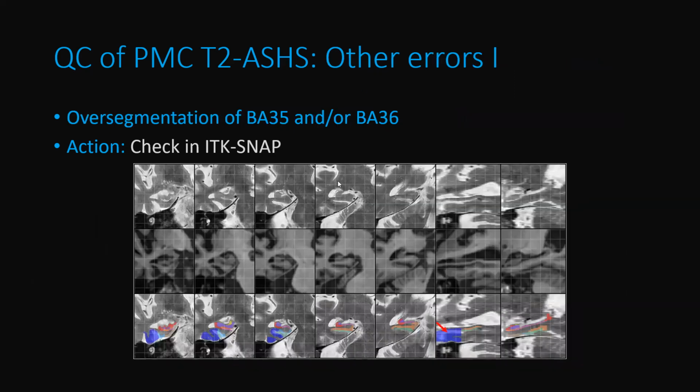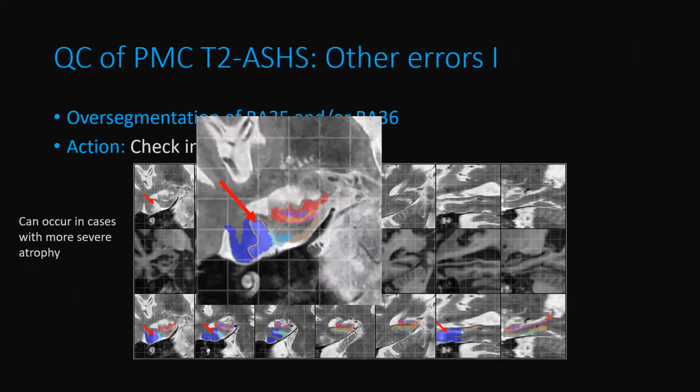All right, so then I have one other error that I've noticed over the years, and that is over-segmentation of BF35 and or 36 when you have a very big collateral sulcus. This is generally the case in subjects with a lot of atrophy. And I just wanted to give a bigger example here.